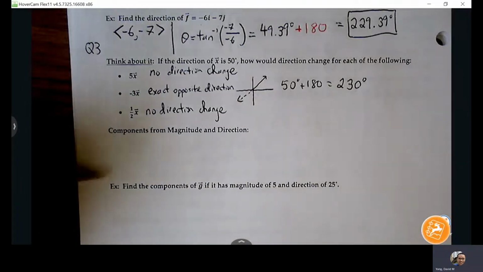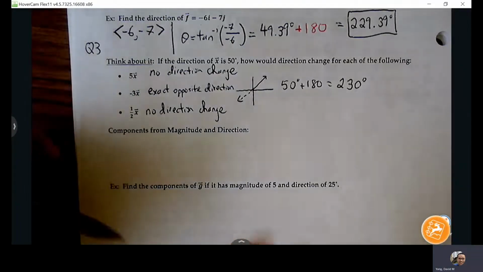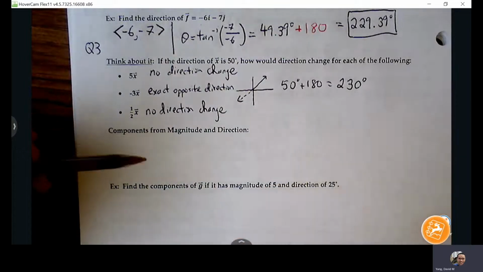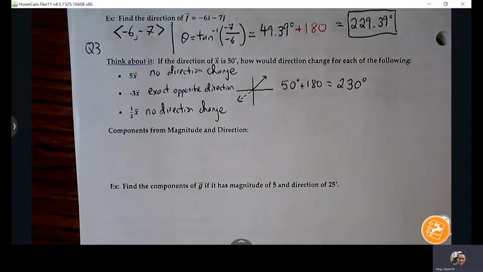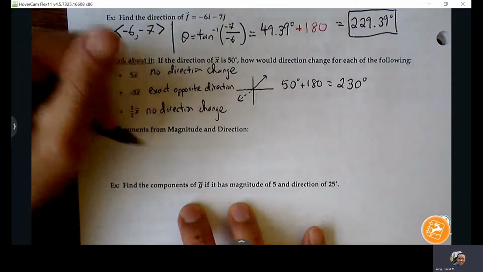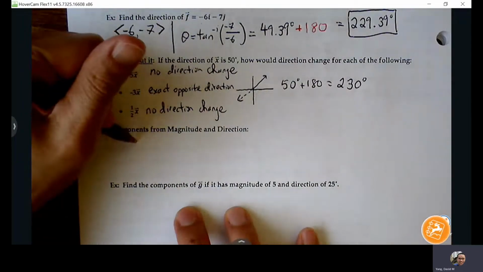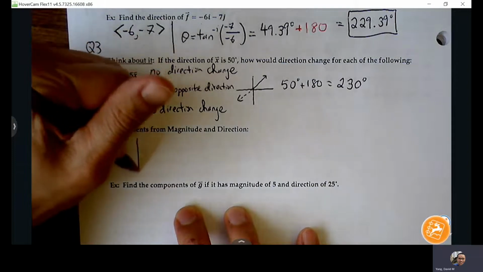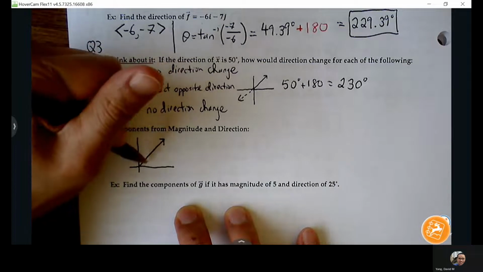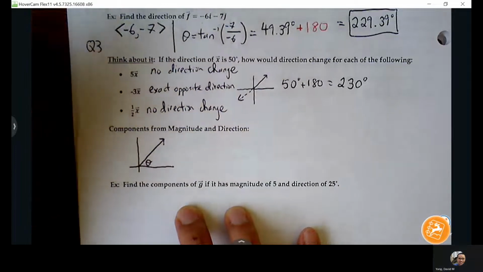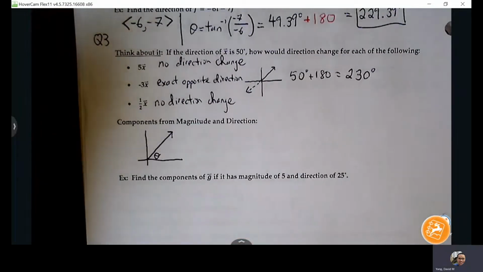Yesterday, we kind of learned how to do this already, but there's an additional formula that can make it a little faster so that we don't have to go through as many steps. So yesterday we talked about how if we were given the magnitude and the direction, we can get this back into component form, right?